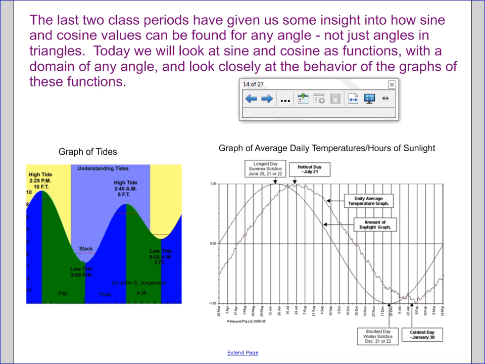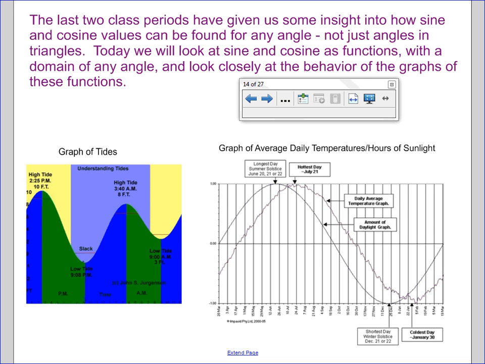This is what we call a sine wave. And notice how the daily temperature graph closely follows the length of the day, the number of hours of sunlight, but they're not in exact sync. They're offset with what we'll call a phase shift.